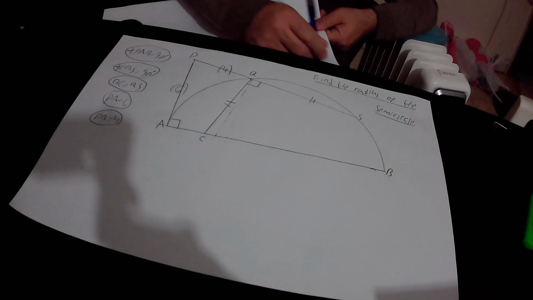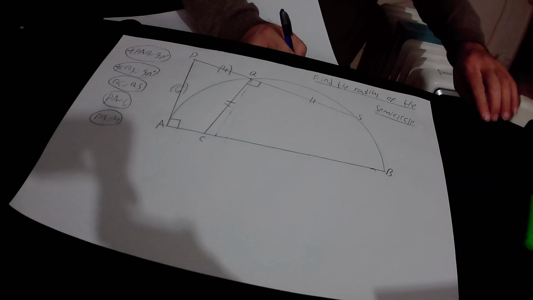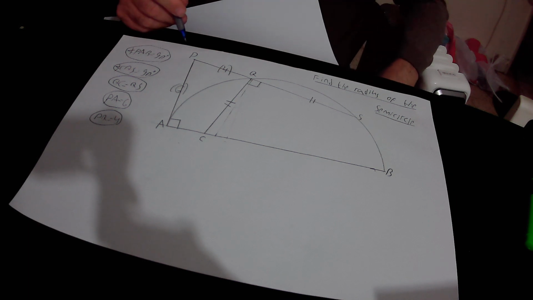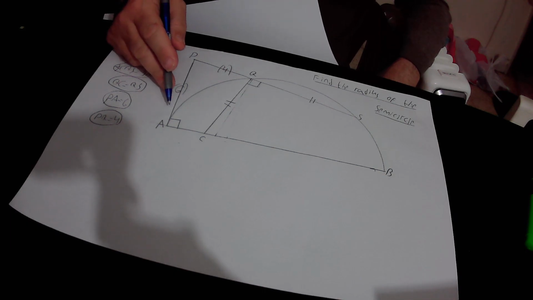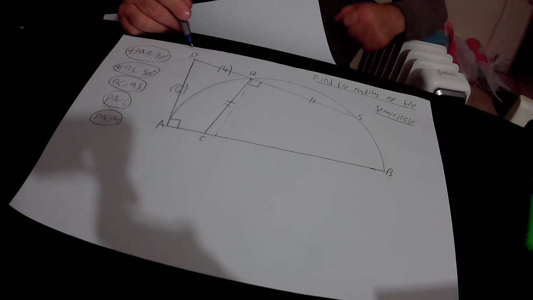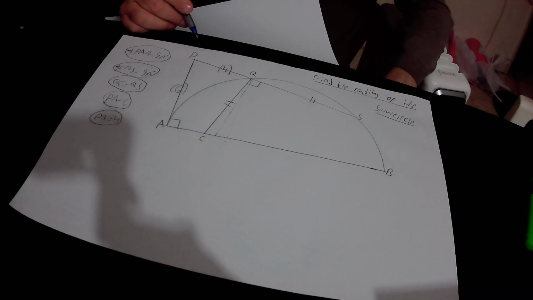Because in our drawing we have the common external point P. From the common external point P, we have line segment PA that is tangent to the semicircle at point A, and from the same point P, we have line segment PS that cuts the semicircle at points Q and S. So all the requirements of rule number 10 are met.